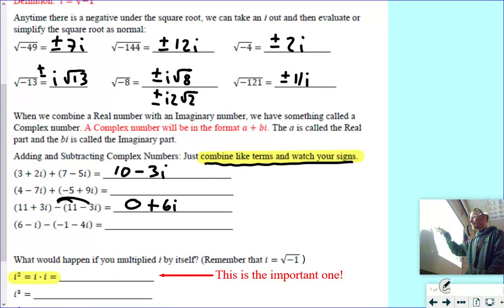Okay, and by all means, you could write that as just 6i and not worry about writing the 0 down. So what I'm going to ask you to do right now is pause the video for just a couple seconds and go ahead and do that second example and the fourth example, and then I will show what those answers are in just a minute, and then move on to multiplying and dividing.